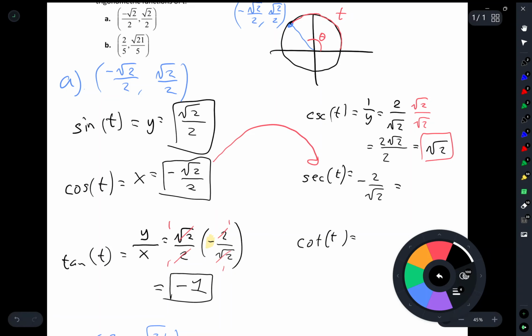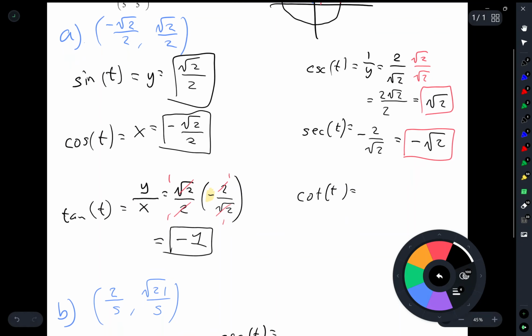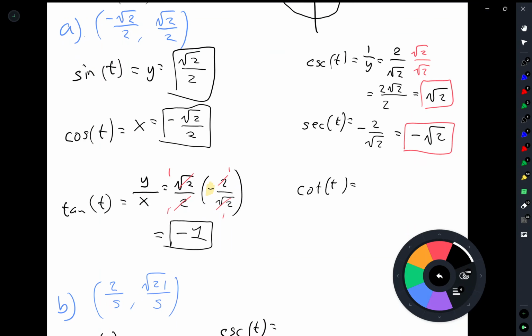But I already know how that's going to come out because I already saw what happened when I solved for cosecant of t. And so this is just going to be negative square root of 2. I don't necessarily have to show work for that because the work that I did for cosecant of t essentially was the same.